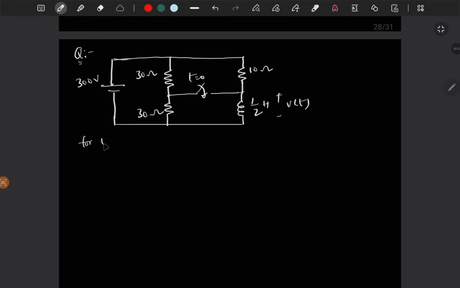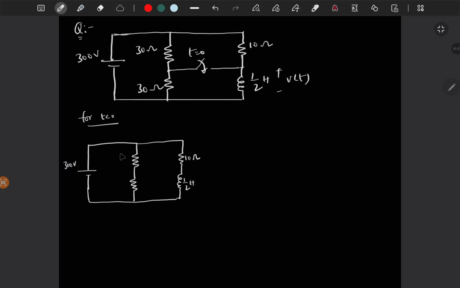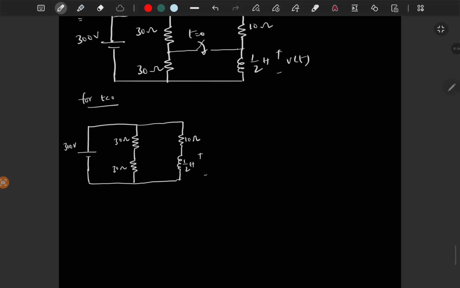So for t less than 0, you have 300 volts and these two are in series. So 1 by 2 Henry, 10 ohm, 30 ohm, 30 ohm. So you have to find V of t for this circuit.